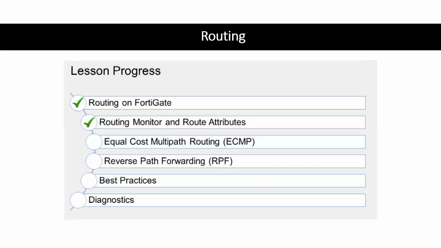B, priority. The distance, the type, the interface, and the gateway show up in the image. It does show the metric, but it doesn't show the priority. You guys are correct.